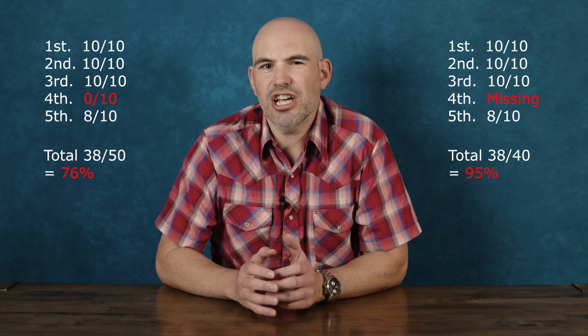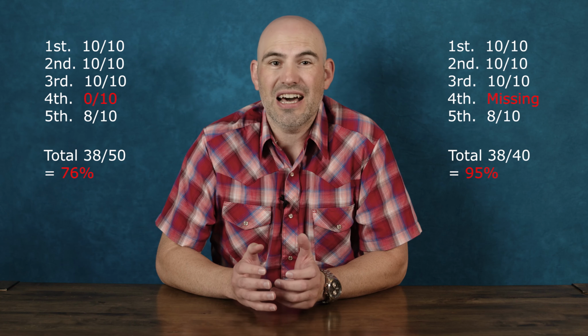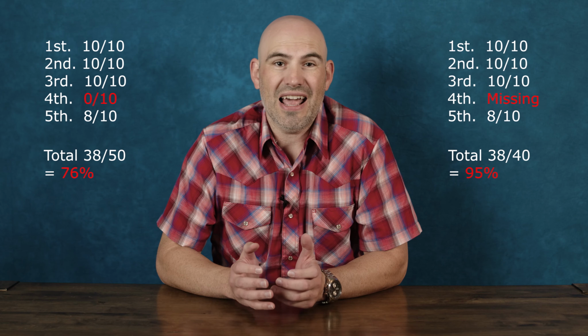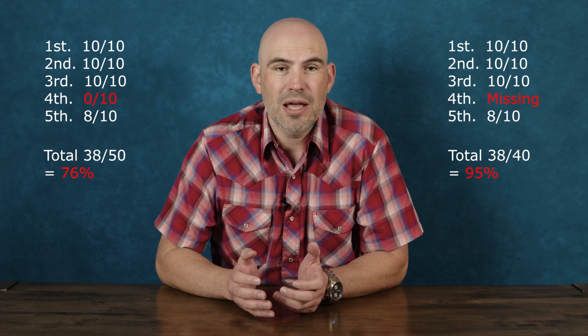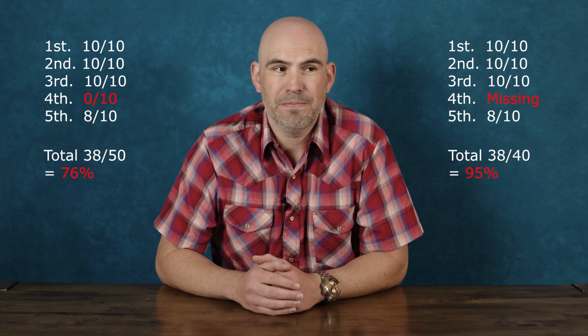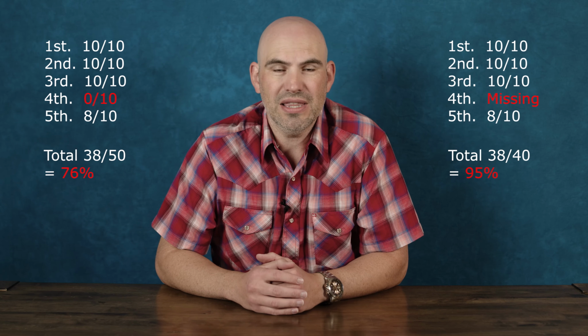If we look at just what this student has turned in, they're averaging a 95%. So here we have a student that averages A work, but because they missed an assignment, they now have a C in the class. Well, okay, we're all familiar with that. That's how teachers have been doing things.